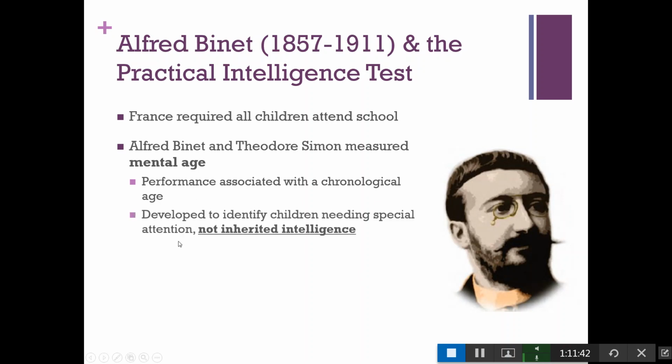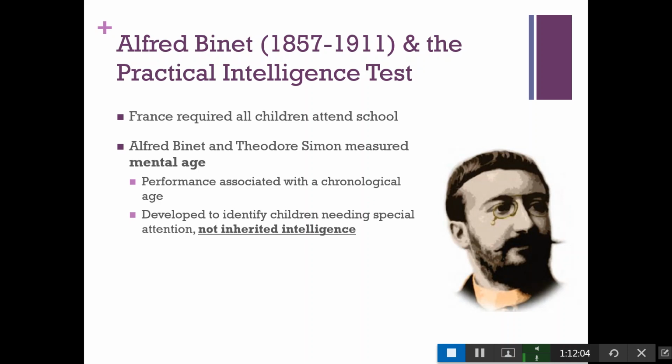So the whole point behind this little background is because Alfred Binet and Theodore Simon developed this test to identify children that needed special attention. Okay, so the whole point of the practical intelligence test was just to figure out what people's mental ages were at the time. So they could be 18 years old but reading at a 3rd grade level, right?